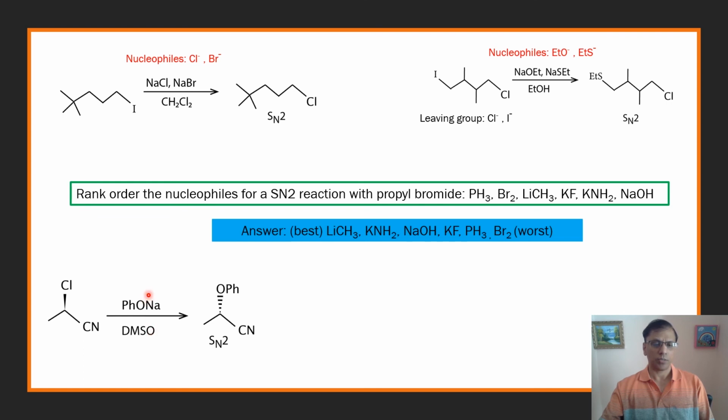It's not visible, but it's there, and the reaction is occurring in DMSO to enhance the nucleophilicity of the phenoxide anion. So the reaction proceeds via an SN2 mechanism, and chloride is displaced in preference to cyanide because chloride can handle the negative charge much better than carbon.